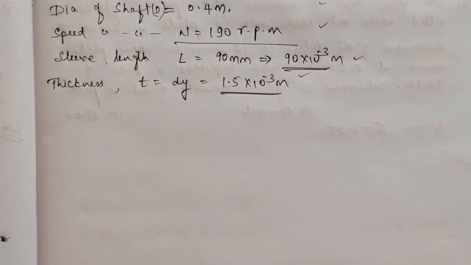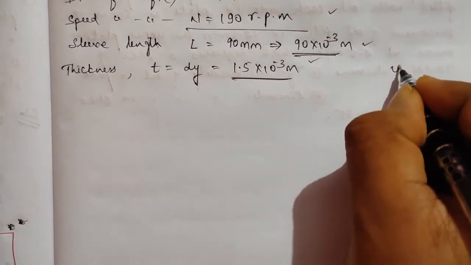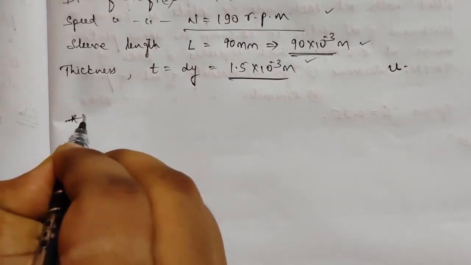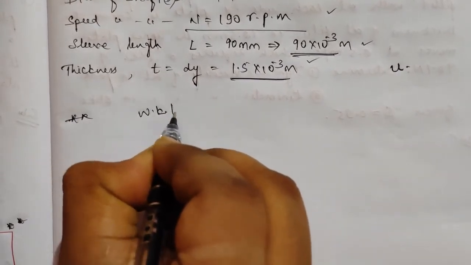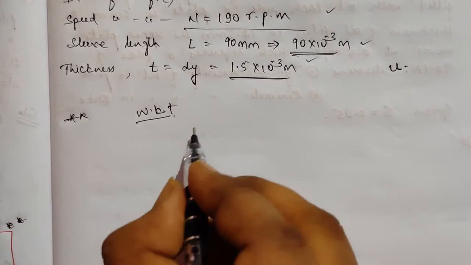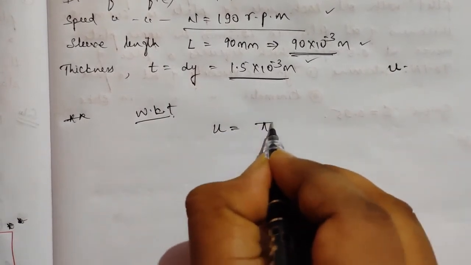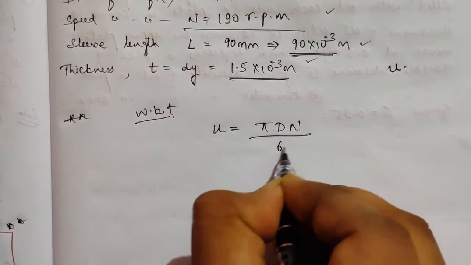So I told you to remember one formula to find the velocity. That is, u is equal to πDN by 60.